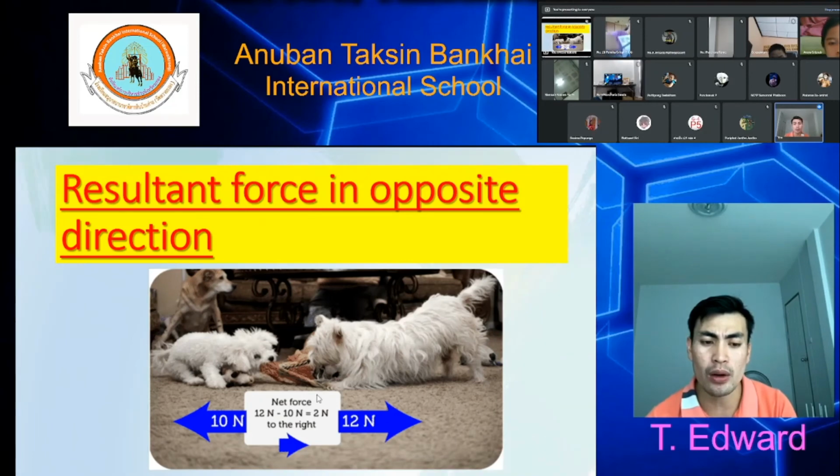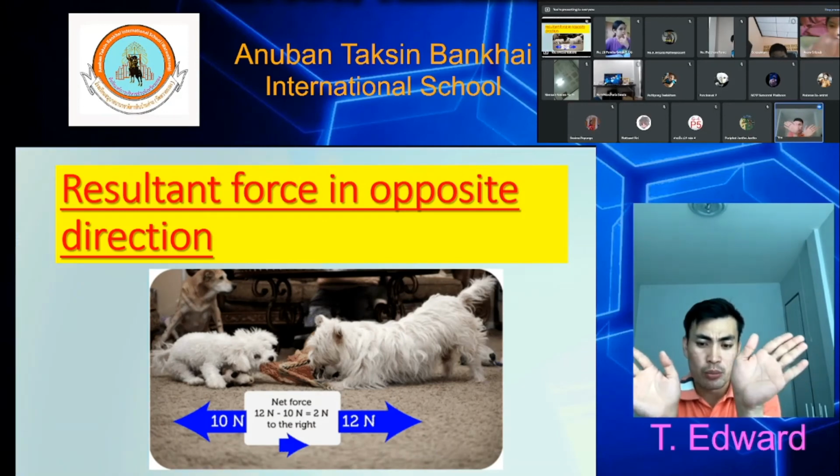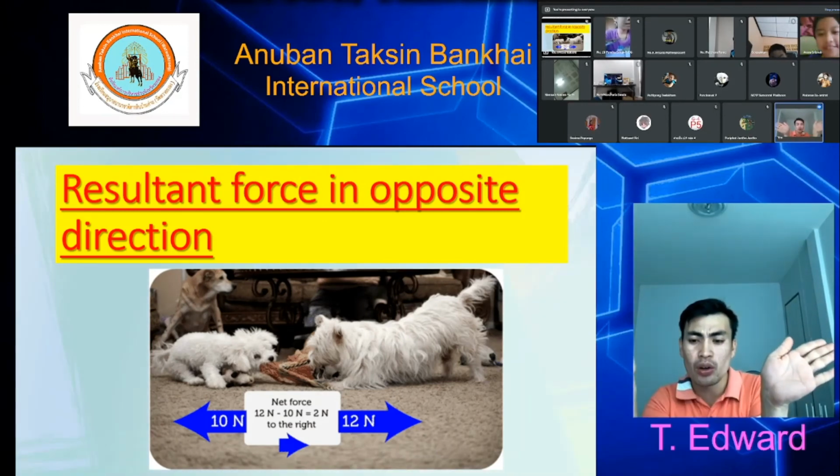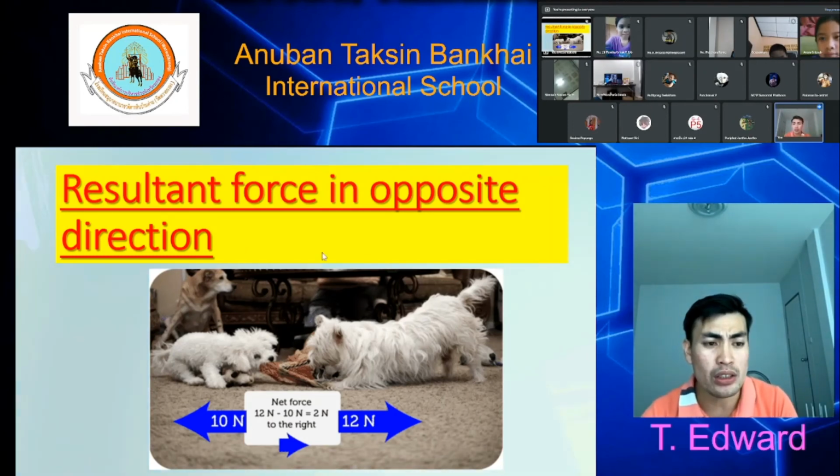So what are we going to do? They are in opposite direction. You understand? The small dog goes here, the big dog goes to the other side. So what's the resultant force? You are going to subtract, or find the difference. 12 Newton minus 10 Newton is equal to 2 Newton.